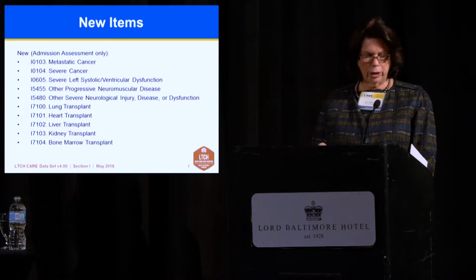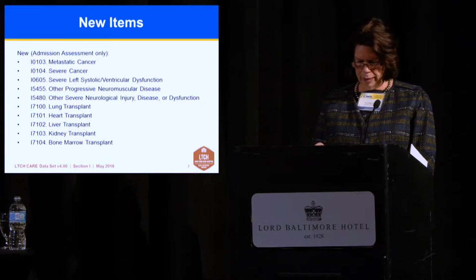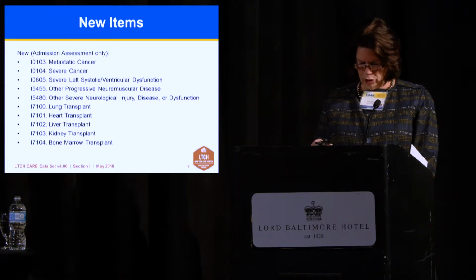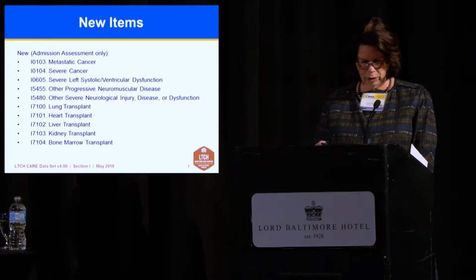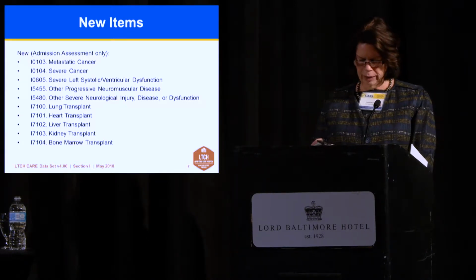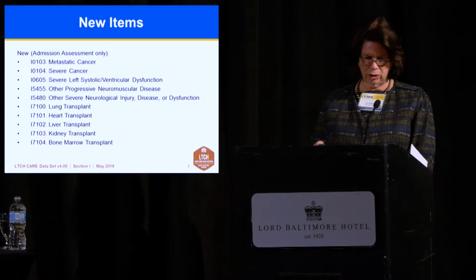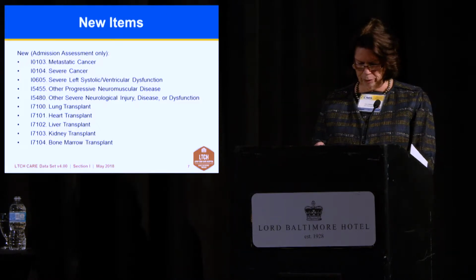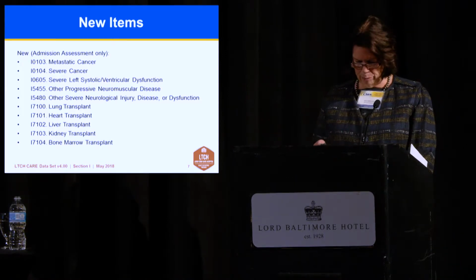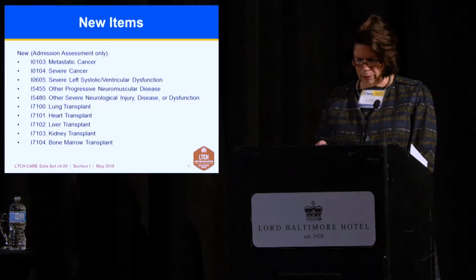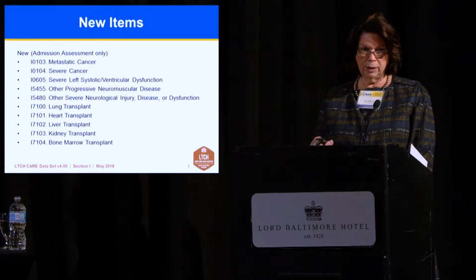I will briefly draw your attention to the new items, which are I06050, severe left systolic ventricular dysfunction, which was identified by the ventilator liberation technical expert panel as a potential risk factor for patients on a ventilator. You'll also note that there are 3 additional neurologic-based risk factors that are also added to this section.